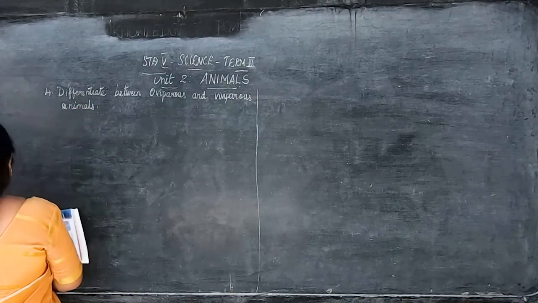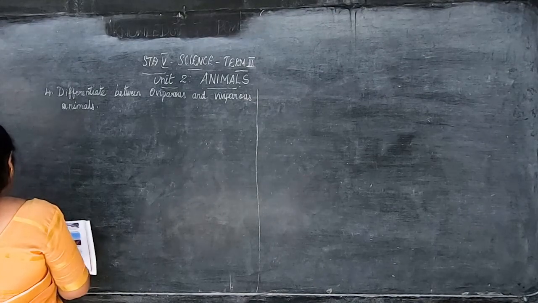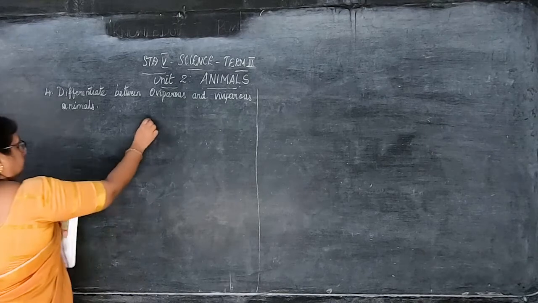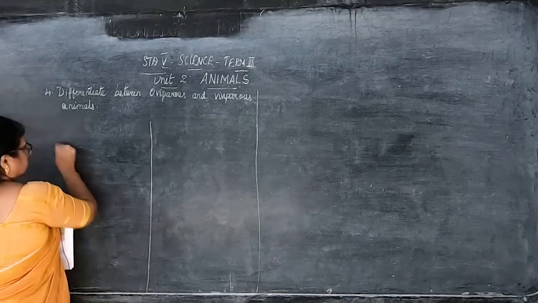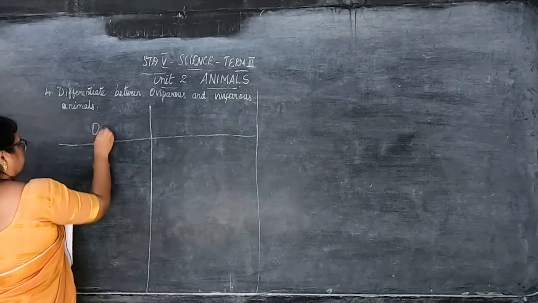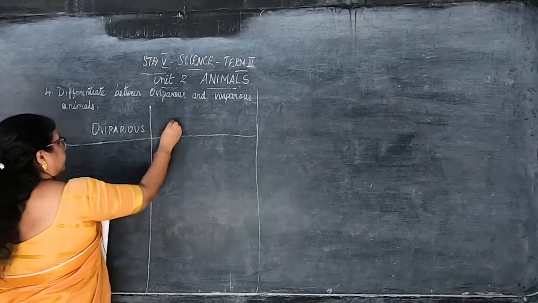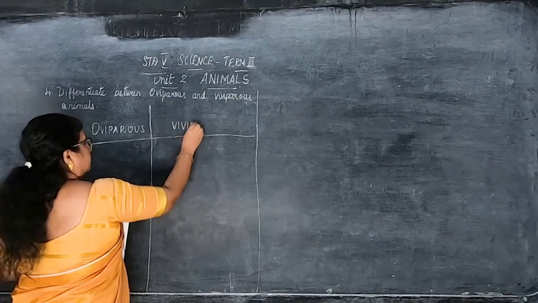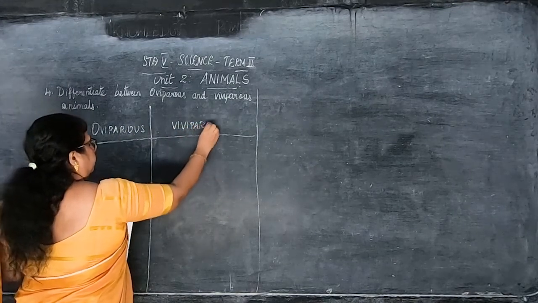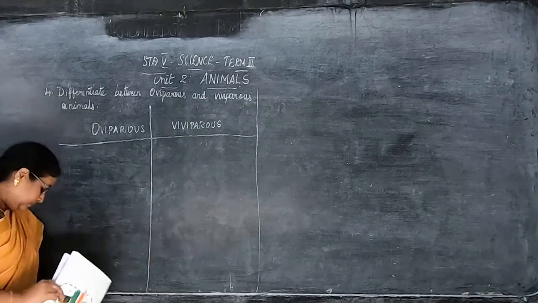So now we're going to write. We'll divide the page into two. That is oviparous, viviparous. Okay. So you have to divide the page into two and write, children.